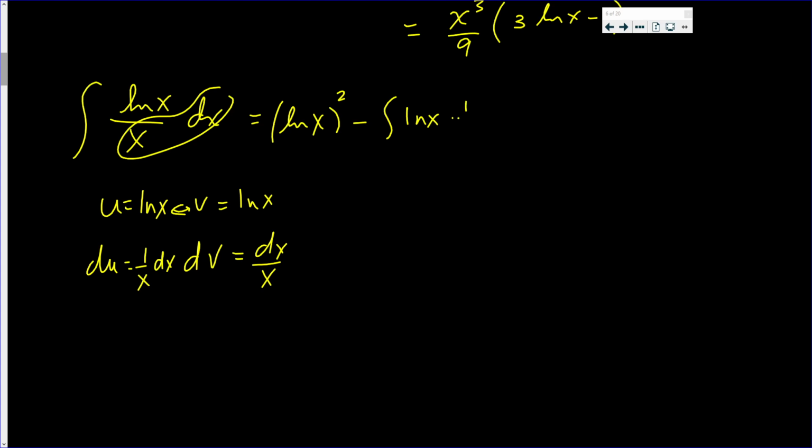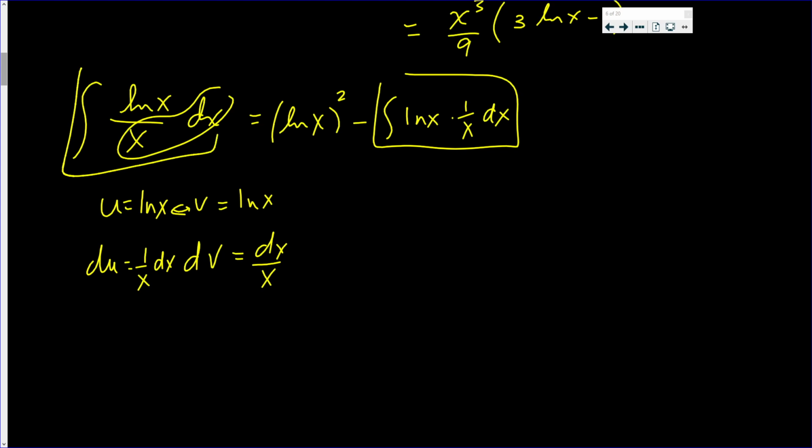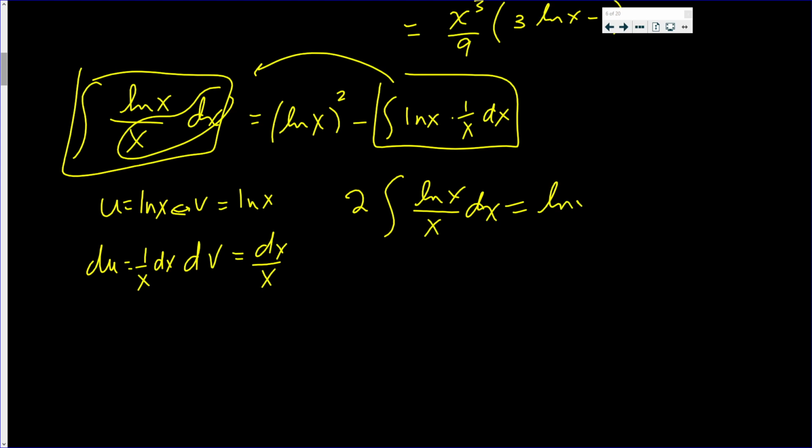Times du, which is 1 over x dx. And if you notice, this integral is exactly this integral. So I'm going to pass this over to the other side. And then I get 2 times the integral of ln x over x dx. This is equal to ln of x squared.